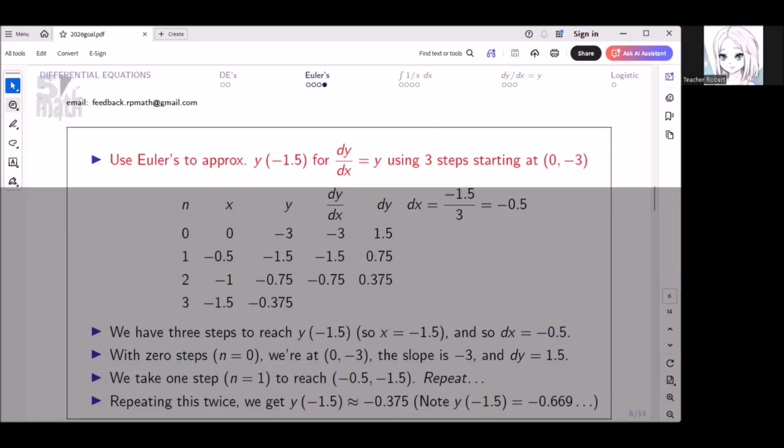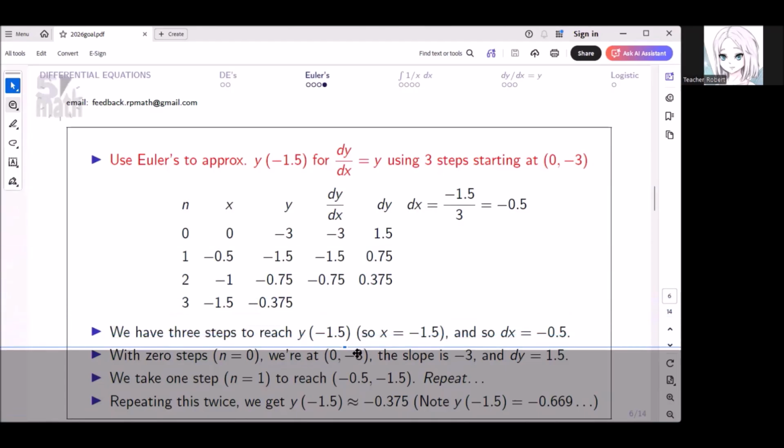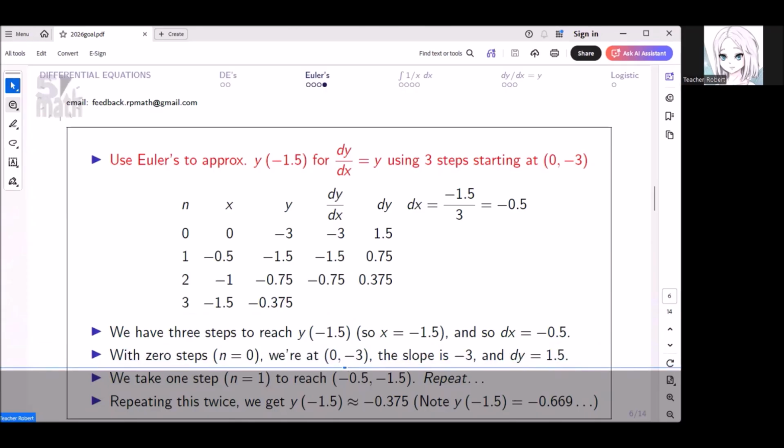Use Euler's to approximate y of negative 1.5 for dy/dx equals y using 3 steps starting at (0, -3). Here is the table. We have 3 steps to reach x equals -1.5, and so dx equals -0.5. With 0 steps, n equals 0, we're at (0, -3).